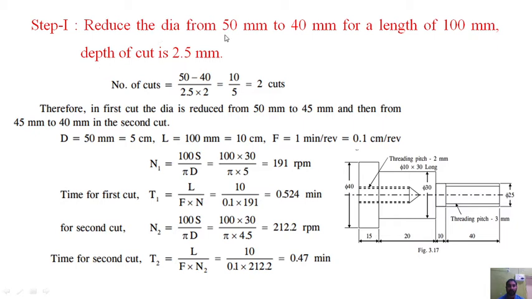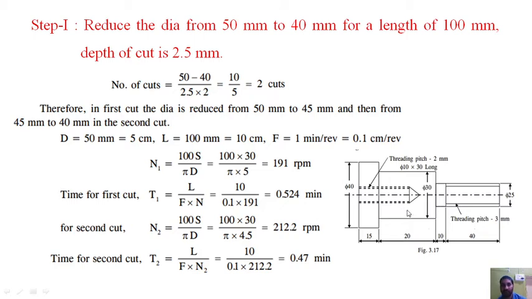The depth of cut is 2.5, so in each step the maximum depth of cut you can give is 2.5 radially, which means diametrically it will cut 5. So initially the 50 is reduced to 40, so first you make a 40 throughout.